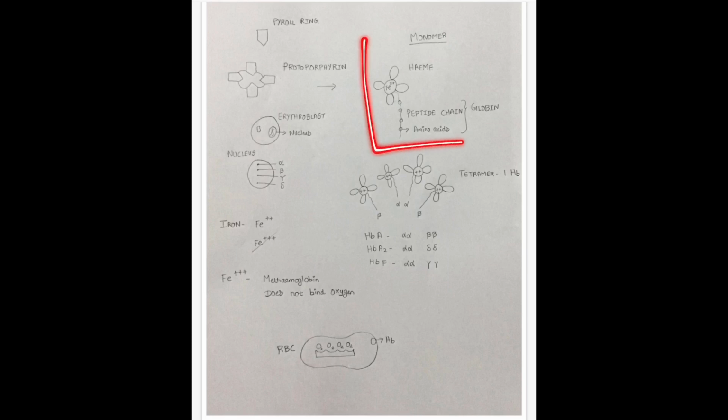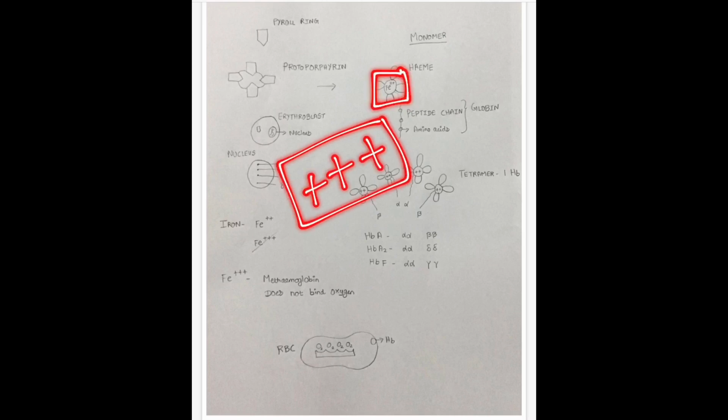In the hemoglobin, the iron in the center stays in the ferrous state. It stays in the ferrous state because it can bind oxygen easily. So the iron will never stay in the ferric state. If it stays in the ferric state, it cannot bind oxygen. But there are exceptions.